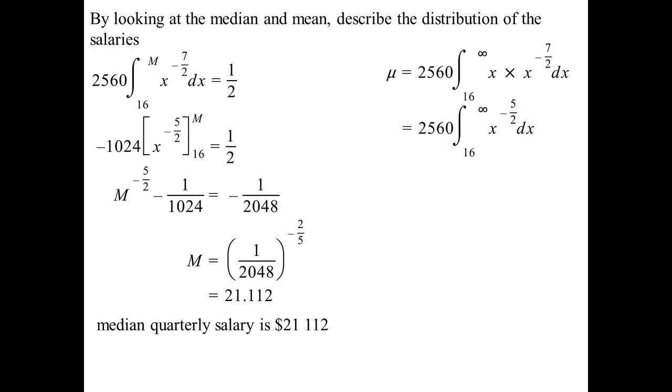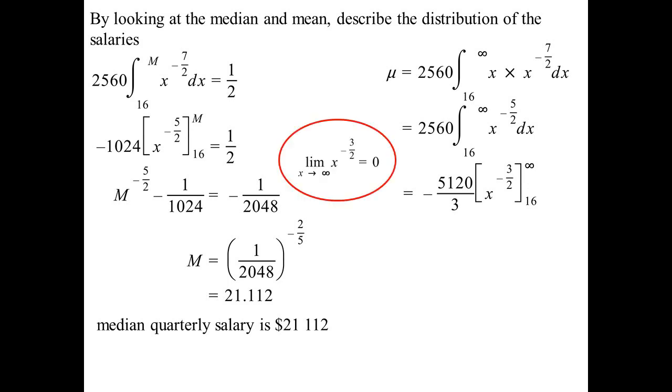Mean, we'll now use our new formula. So it'll be 16 to infinity this time, of x times x to the minus 7 on 2, which is, of course, x to the power of minus 5 on 2. Add 1 to the power, over the power. Now, again, I've put infinity there, but remember, we don't really substitute infinity. We look at the limit as x approaches infinity of x to the minus 3 on 2. That limit would be 0.